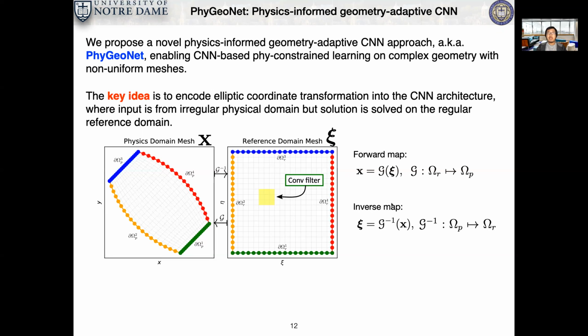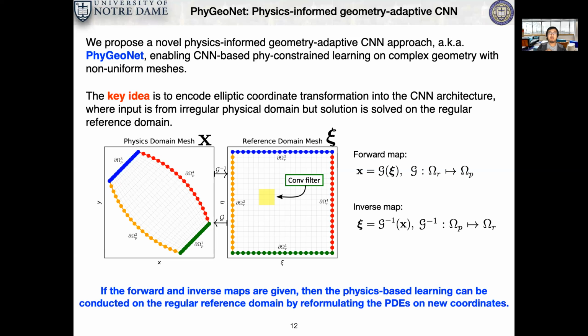If we can define a one-to-one mapping between those two coordinates, meaning we know either the forward map from the reference domain to the physical domain, or the inverse map from the physical domain to the reference domain, we should be able to formulate the PDEs on the reference domain, and the PDE loss function can be defined on the reference domain instead of the irregular physical domain.